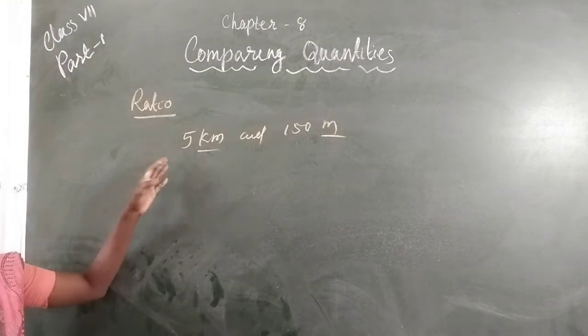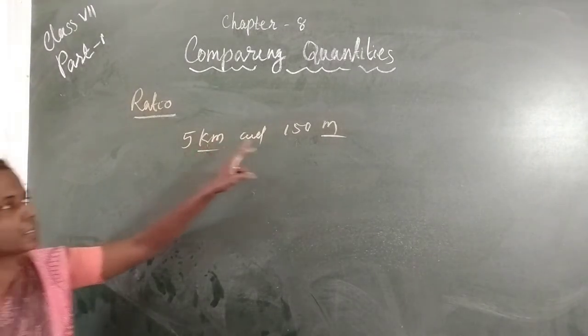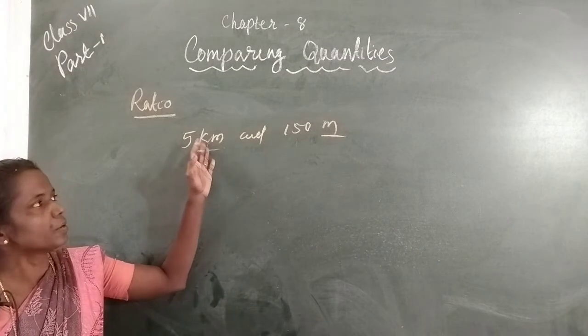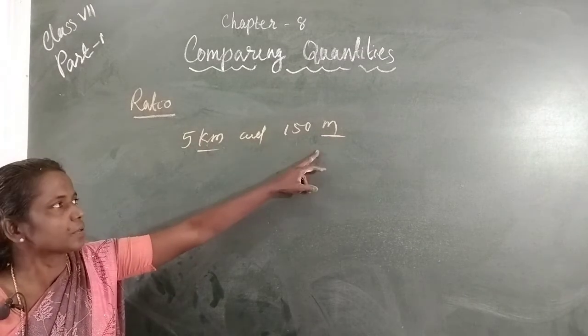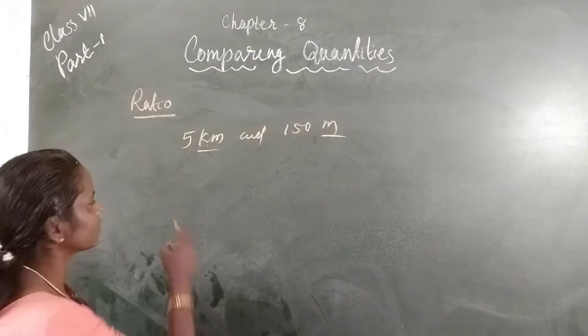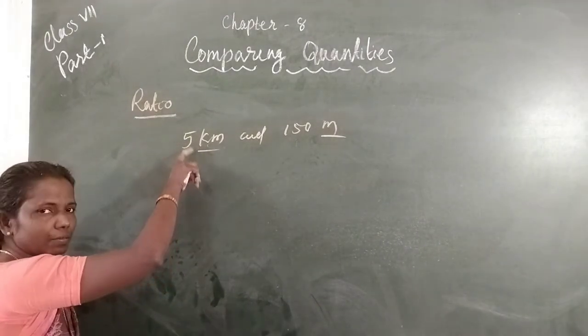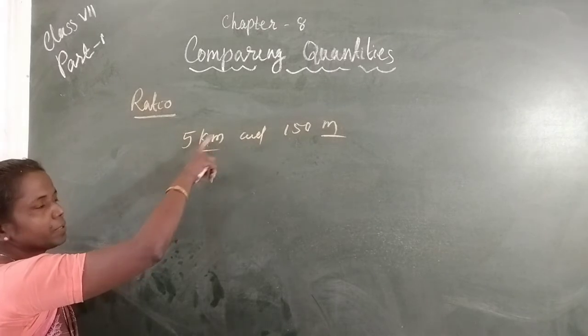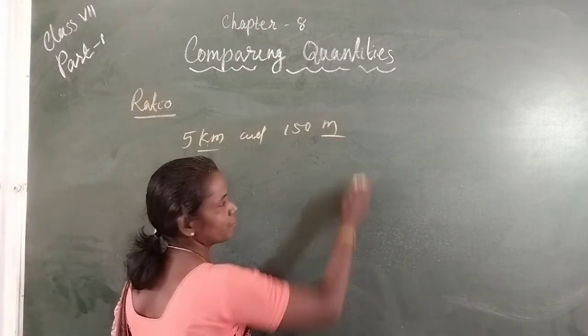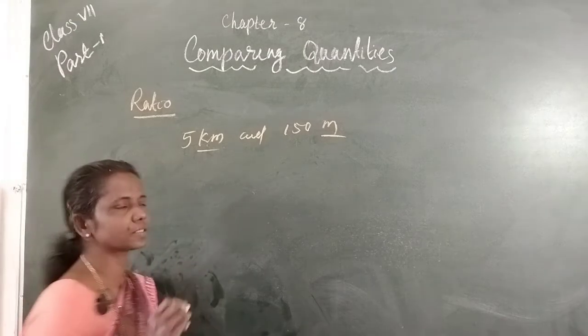Then how to convert kilometer and meter? We can convert kilometer into meter or meter into kilometer. Here we can convert kilometer into meter. We know 1 kilometer is equal to how many meters? 1 kilometer is equal to 1000 meters.